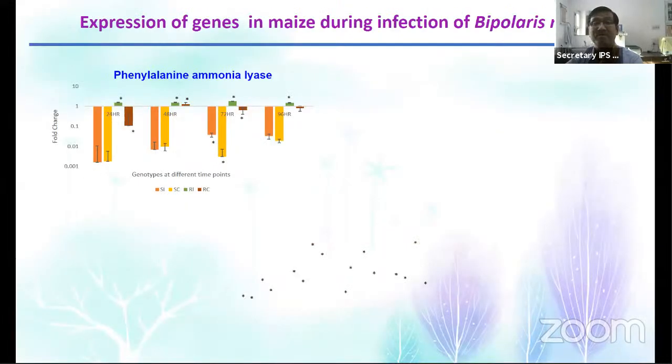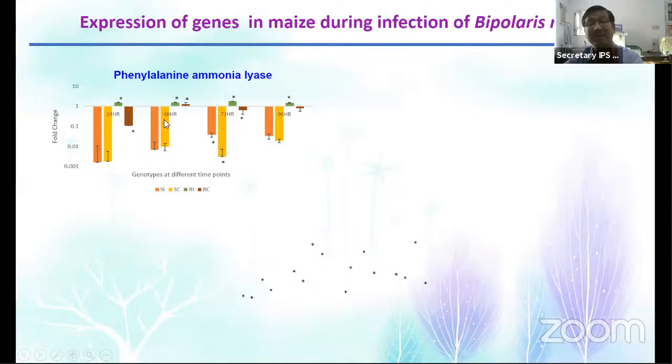So after that, again, we performed some gene expression studies by utilizing the qPCR method. The first one is phenylalanine ammonia-lyase activity. So we assayed, and here in this case, the red one is resistant inoculated, and the other one is resistant control, and this orange color is susceptible inoculated, and yellow color is susceptible control.